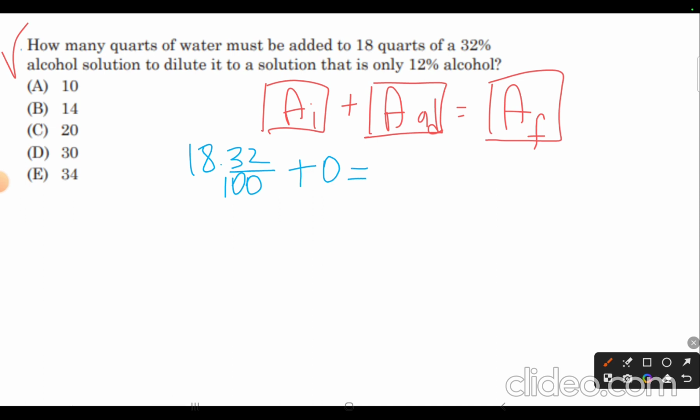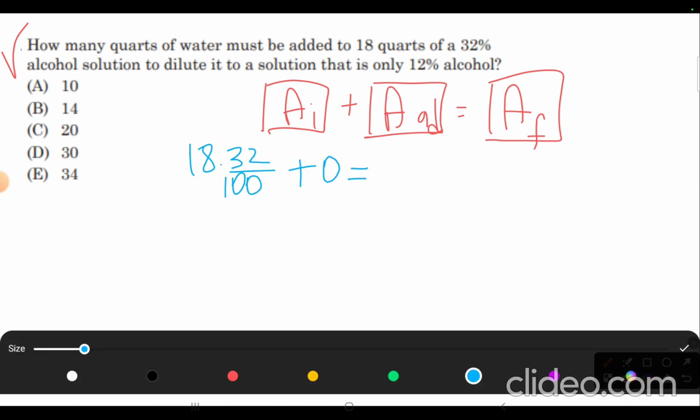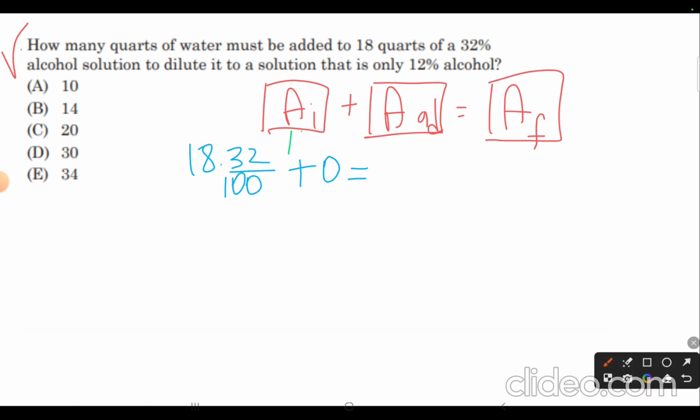But for alcohol final, we had 18 quarts in the beginning. Here some quarts were added, x, and finally we have 18 plus x quarts.